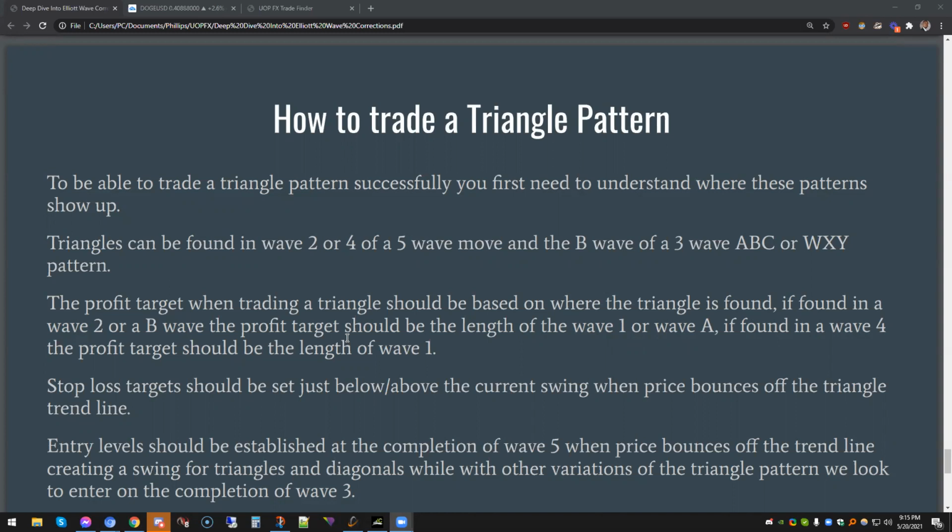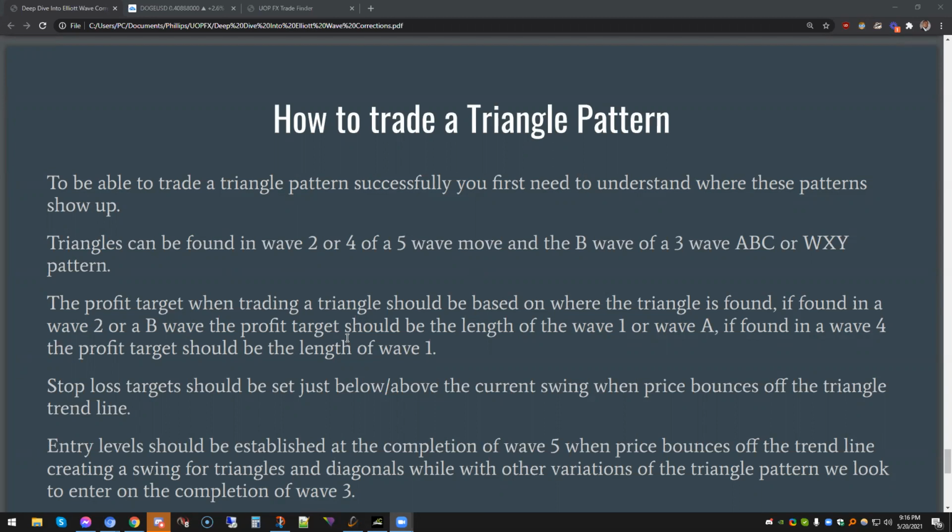Now, where do we enter when trading triangles? Our entry levels should be established at the completion of wave 5, when price bounces off the trend line, creating a swing. Now we can do that for triangles and diagonals.